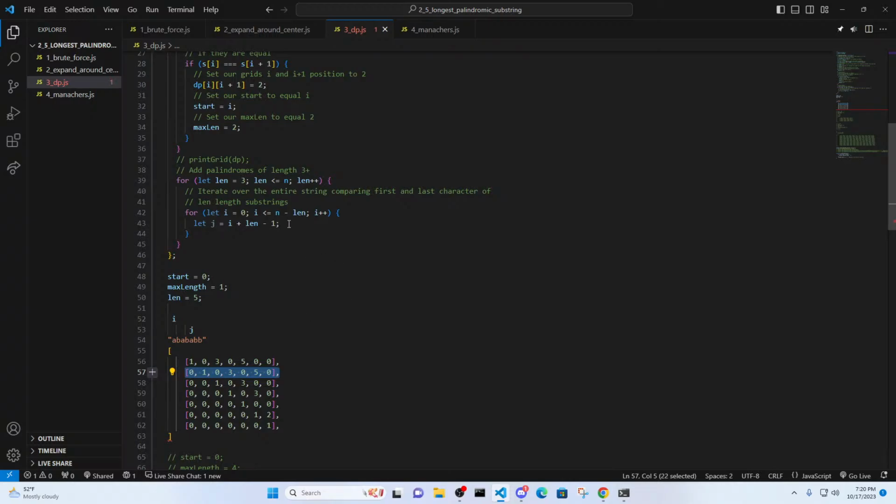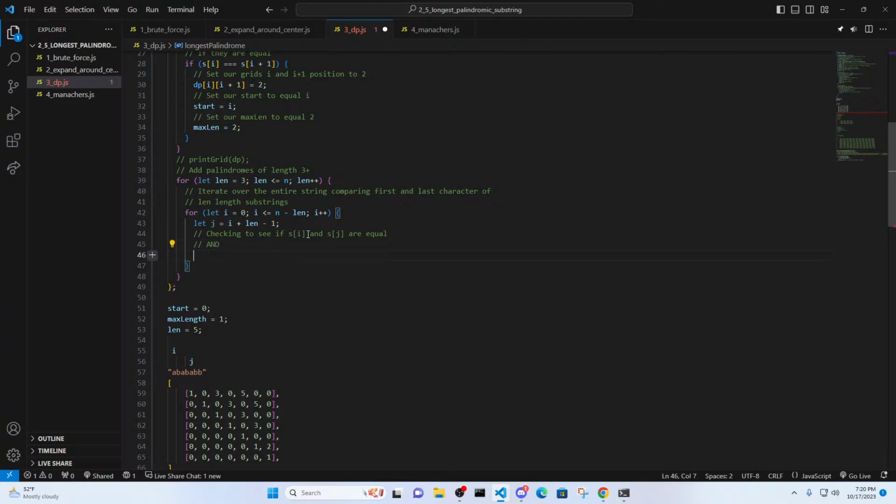So we start with our j. What we do once we have j is we're just checking to see if string i and string j are equal, and if the substring inside of s[i] and s[j] were equal.